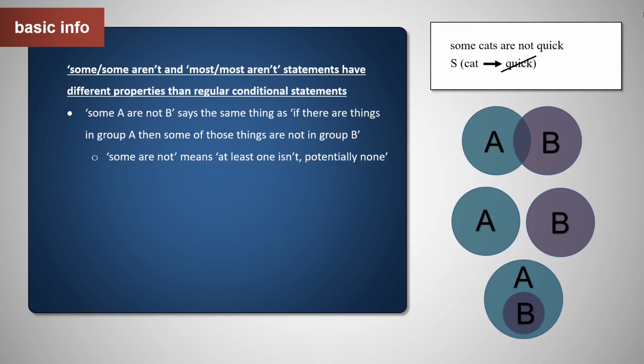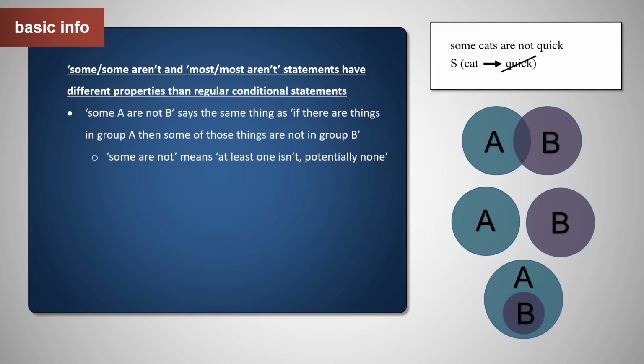So that would be kind of like saying some alcoholic drinks are not made from grapes. A is the circle of all alcoholic drinks. B is the circle of all alcoholic drinks made from grapes.